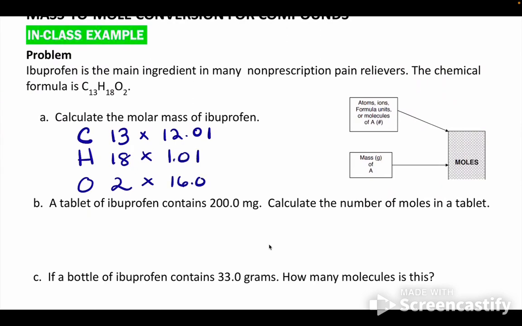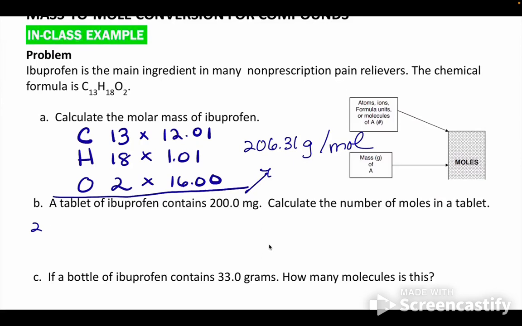Notice I'm going to the hundredths, and when I'm done with my molar mass, I'm also going to round to the hundredths. So when I add those together, I get 206.31 grams per mole.